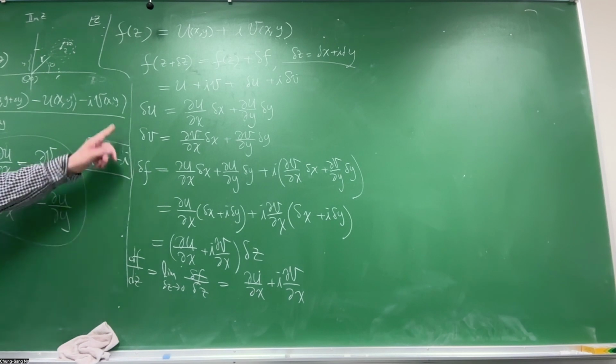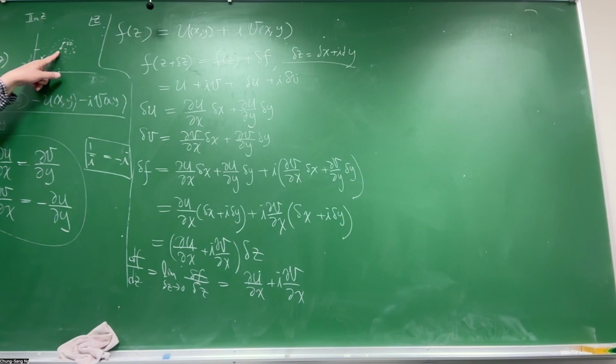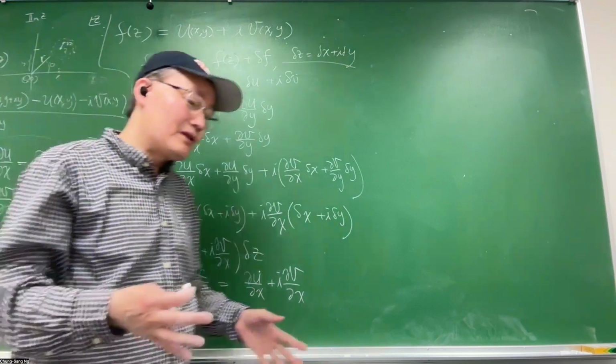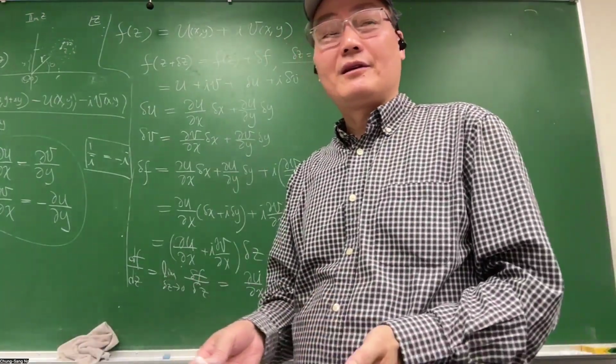And then once this is satisfied, df/dz at this point is well defined, so it becomes differentiable. So the other way around: if the Cauchy-Riemann condition is satisfied over a neighborhood of a point, then that point is differentiable.